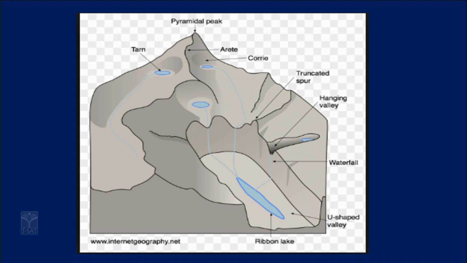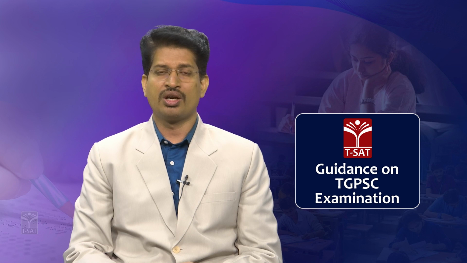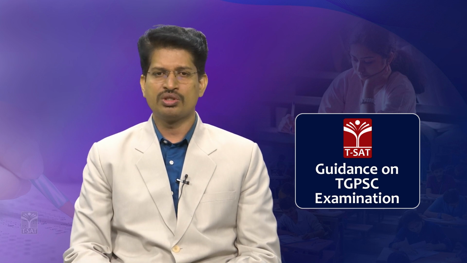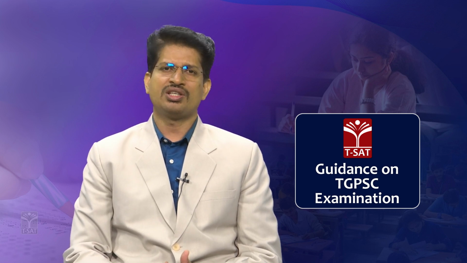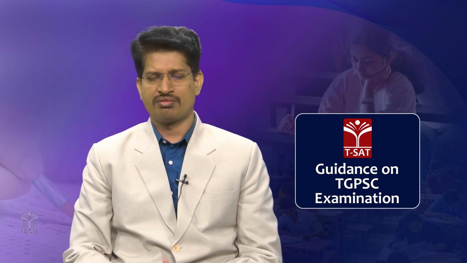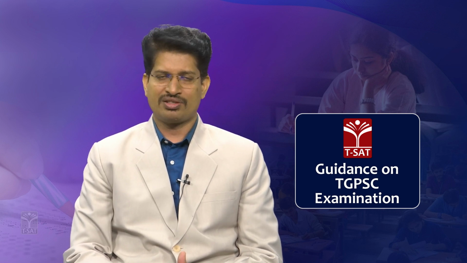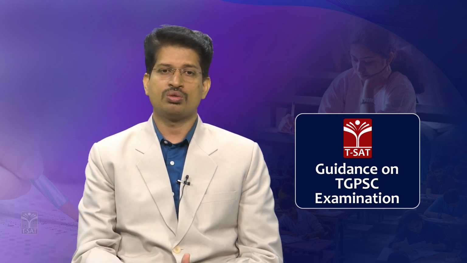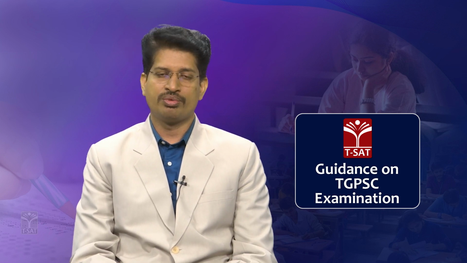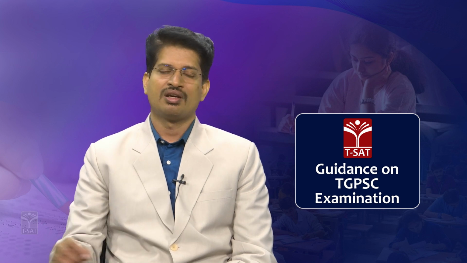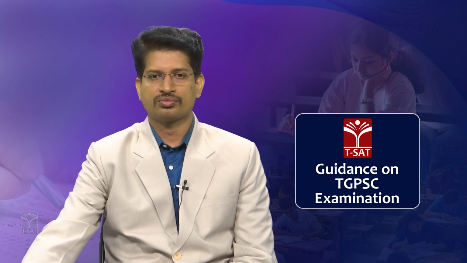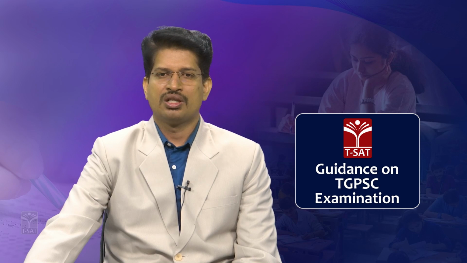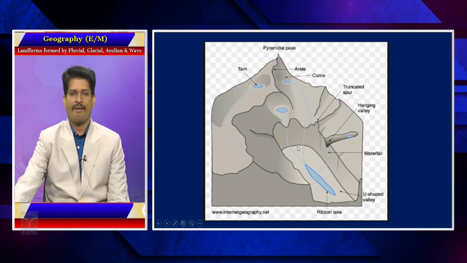Because of this glacial erosional activity, because of high physical pressure, the erosional rate will be more, leading to deepening of the valley. Because of the change in the rate of erosional activity of the tributaries, which is less when compared with the mainstream, the depth of the mainstream increases, leading to waterfalls into the main river by the tributaries. This condition is known as hanging valleys in glacial erosion, leading to waterfalls and hanging valleys.